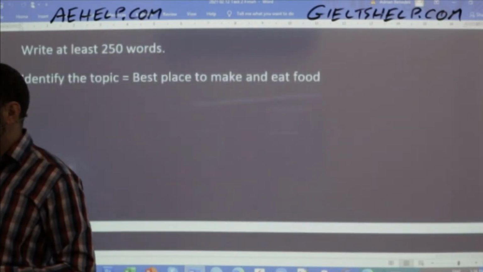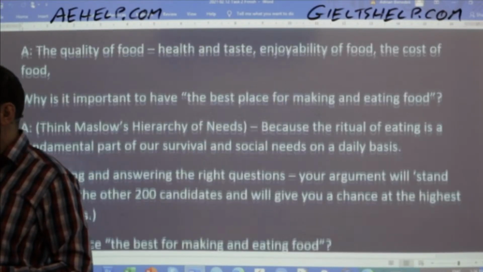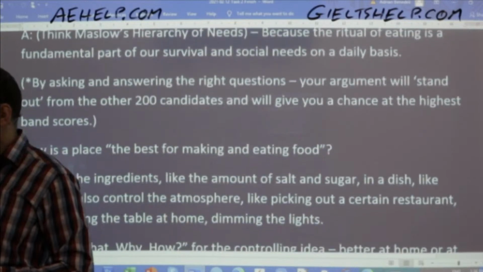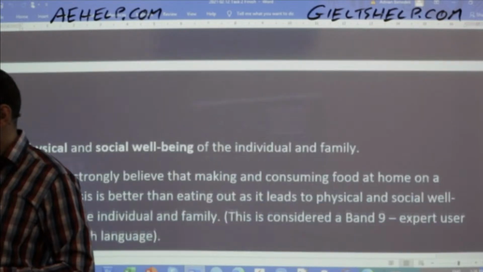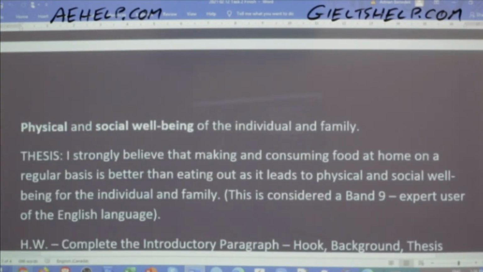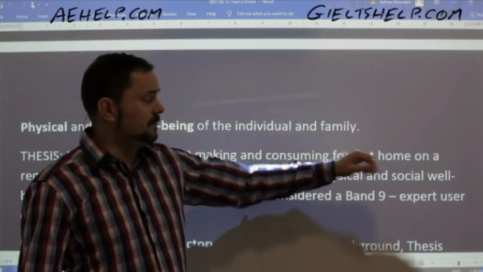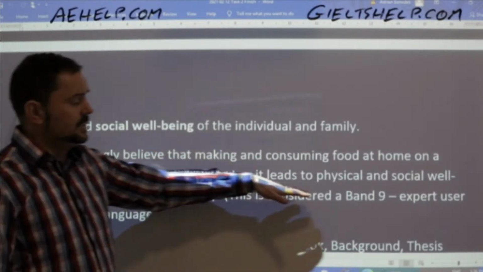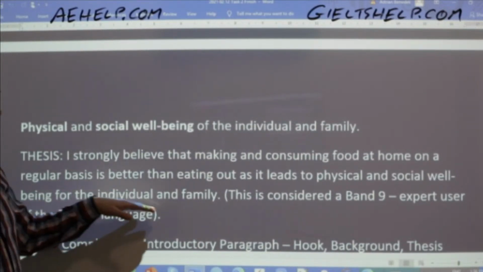So we identified the topic, we identified the controlling ideas, we came up with a thesis statement. And I just want to stop there at the thesis statement. Okay, so this was our thesis statement here, that I strongly believe that making and consuming food at home on a regular basis is better than eating out, as it leads to physical and social well-being for the individual and family.